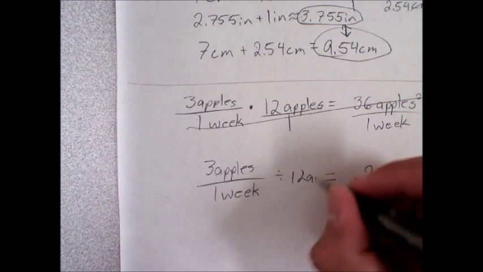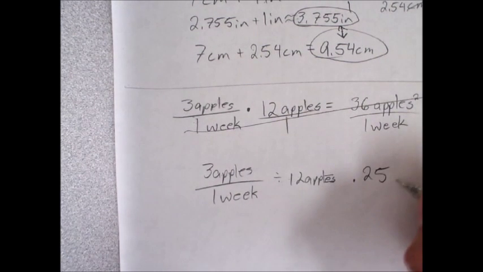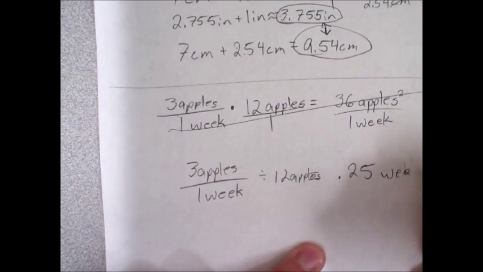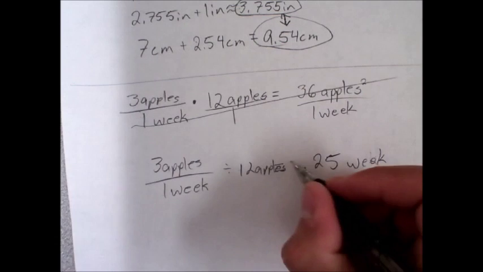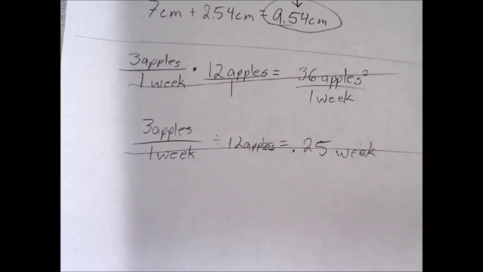This is again apples. So I get 0.25 per week. Again, week. Okay, and again, my answer doesn't make sense. Okay, so this is that process of elimination. If you get an answer that doesn't make sense, go back and rethink what you did.